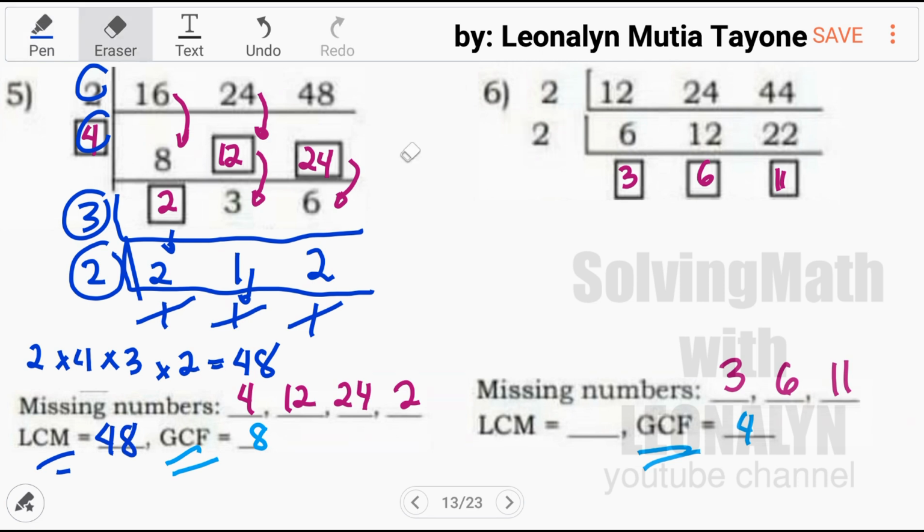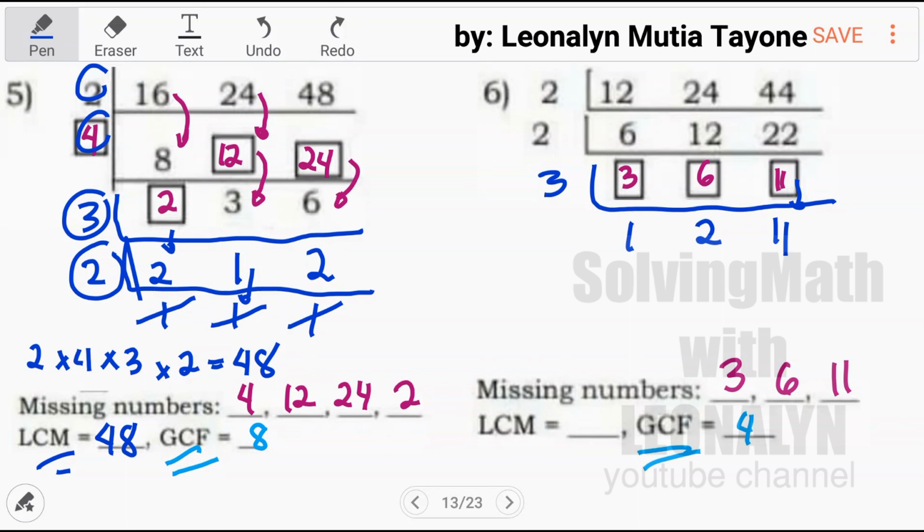Now, dito naman tayo sa number 6. Sa tatlo, mayroon pa tayong dalawa na pwede nating i-divide by 3. So, i-divide natin 3 divided by 3, and that is 1. 6 divided by 3, and this is 2. I-bring down lang si 11. Sa tatlo, wala na tayong ma-list dyan.